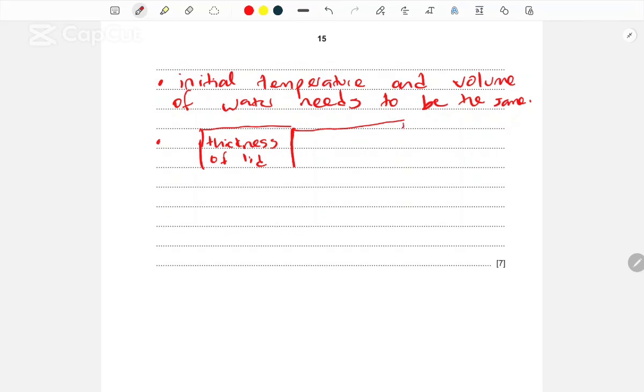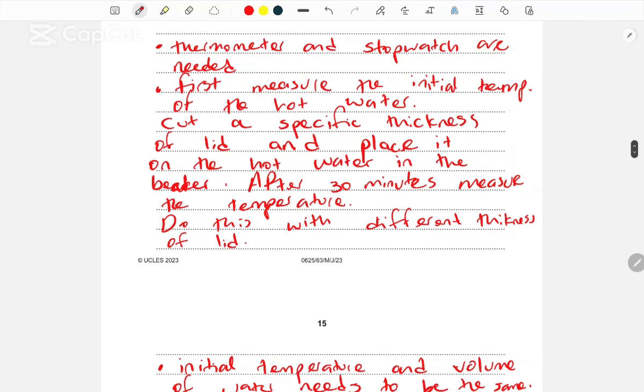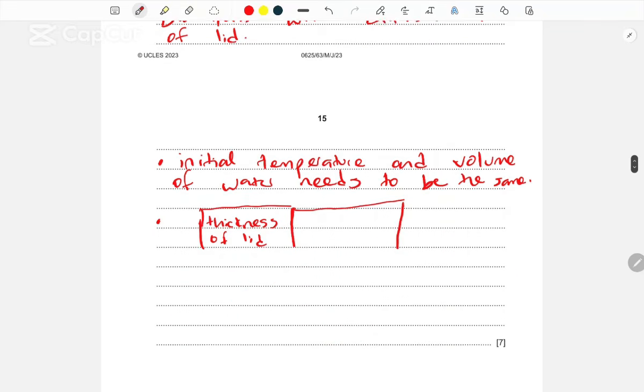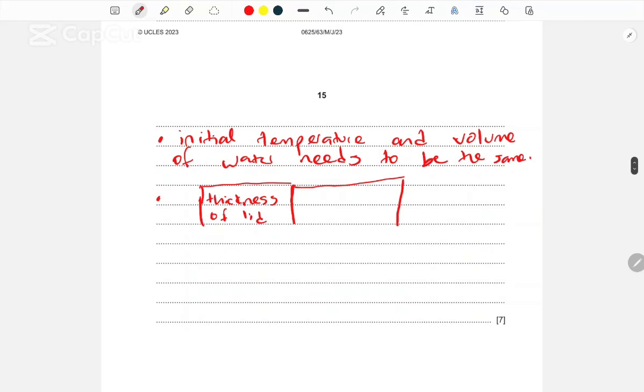And the second one, from the previous method, we know that we measure the temperature after 30 minutes. So we can calculate the rate of change of temperature. The rate of change of temperature can be calculated by dividing the temperature by the time taken.